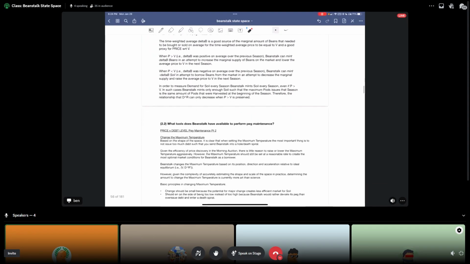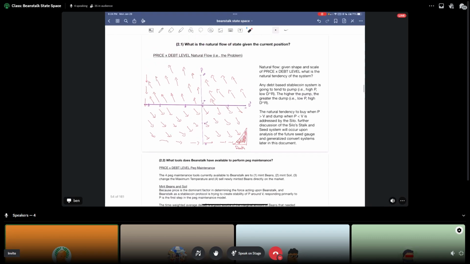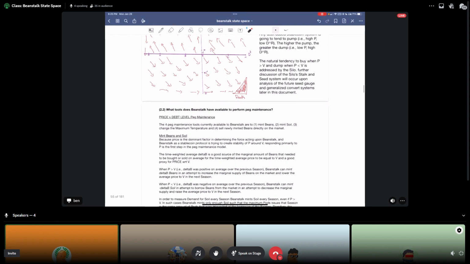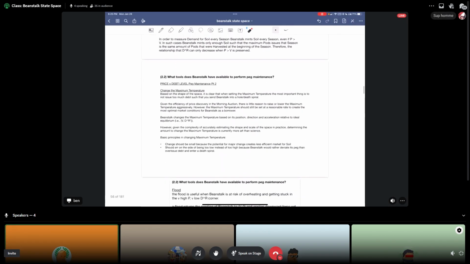We talk about that a little bit in here somewhere, but the general gist of it is that if you over mint beans, you're going to create inorganic demand, and if you under mint beans, you're also probably going to create inorganic demand because then the system's not going to return to peg fast. So it's a lose-lose. There's also a couple other reasons, which are defined later.